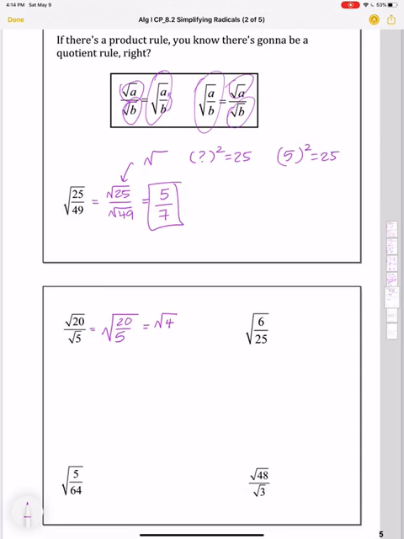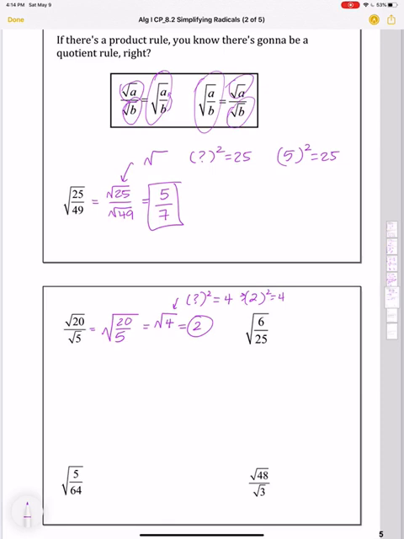So that becomes the square root of 4 over 1, and the square root of 1 is 1. But then the square root of 4 becomes 2, because you're answering the question, what number do you square to get 4? And the answer is 2 squared equals 4. So that's why the answer is 2, not the square root of 2, but 2.